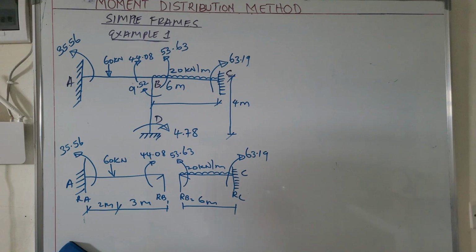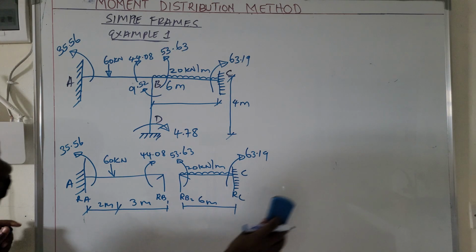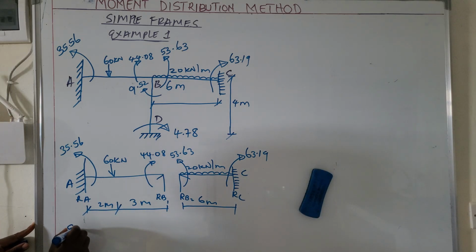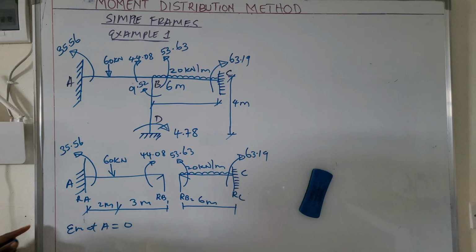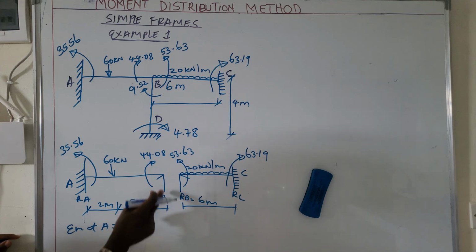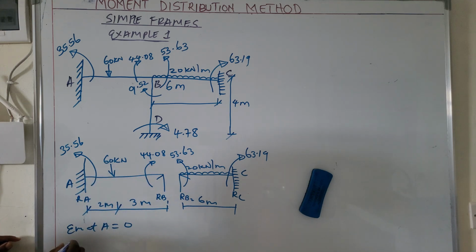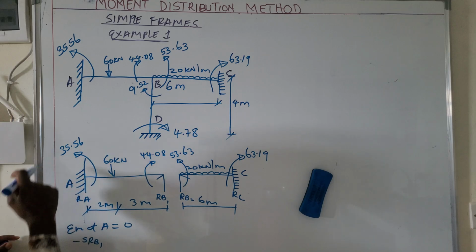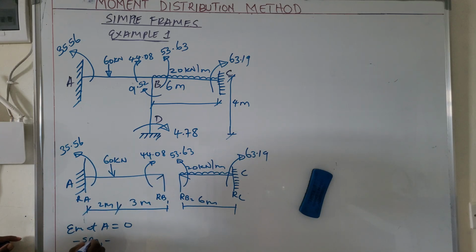So we begin by calculating our reaction by saying that summation of moment at A is equal to 0. So 2 plus 3, that is 5. RB1 is moving in upward direction. And so negative 5 RB1. We come to this moment, it is in anti-clockwise direction, minus 35.56.